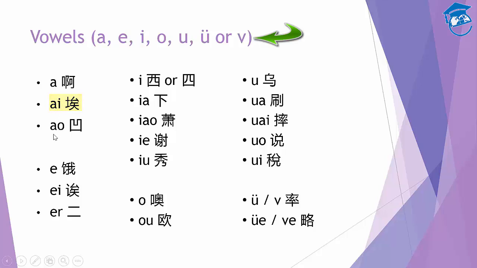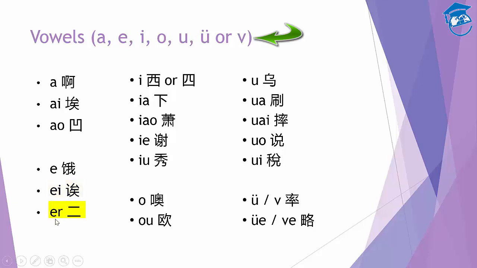And when it's combined with o, the sound is ao. And here, this is vowel e, and it is pronounced as e. The next one, e is combined with i, and it's pronounced as ei.